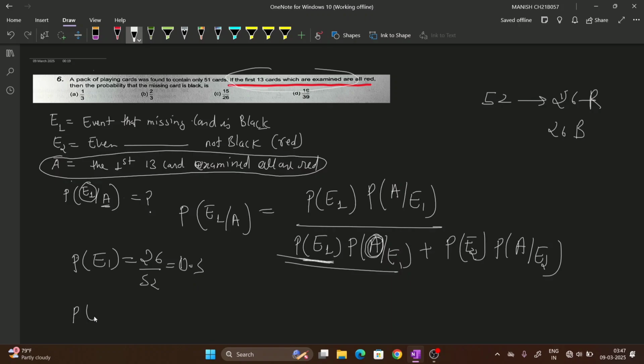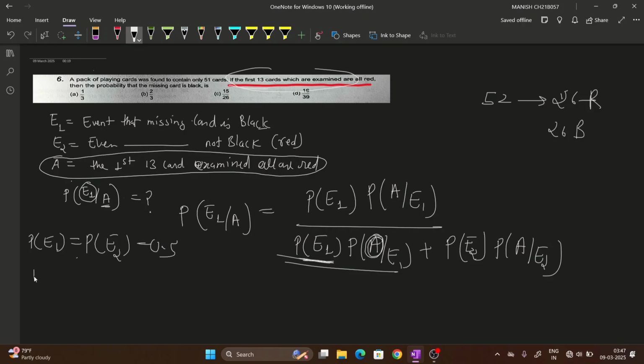And P(E2) similarly, the event that the card is not black, it means a red card, 26 by 52, 0.5. So P(E1) and P(E2) come out to be the same, that is 0.5.